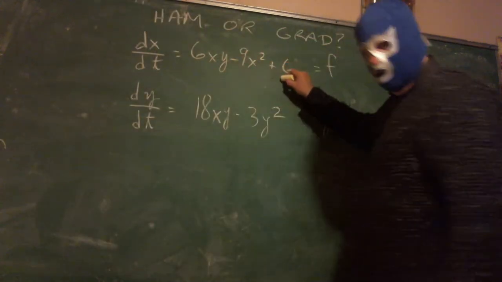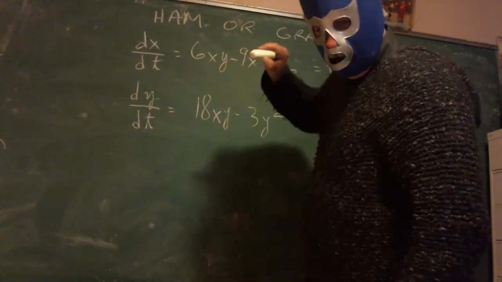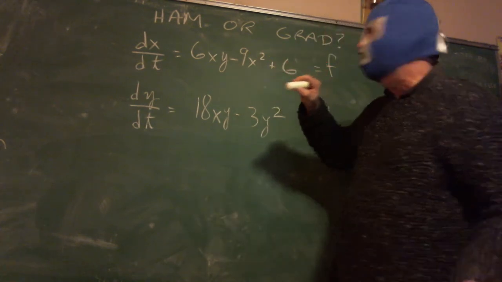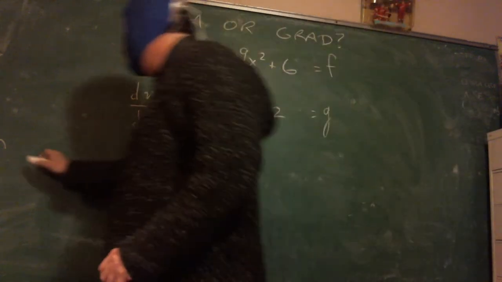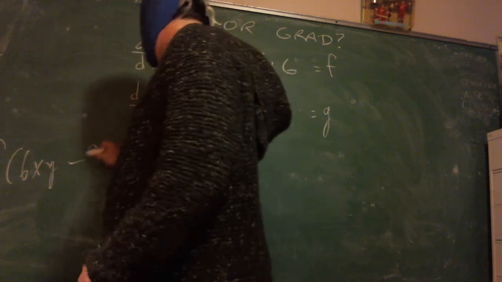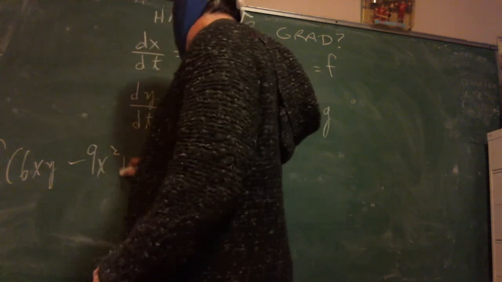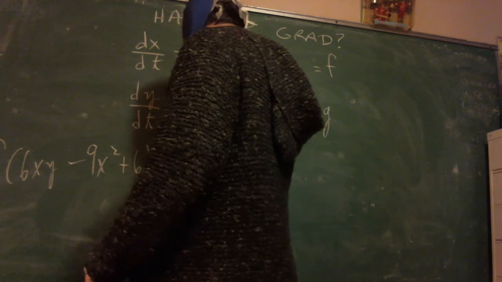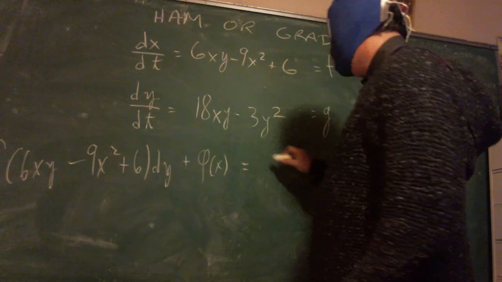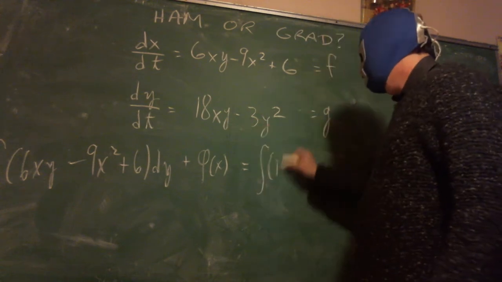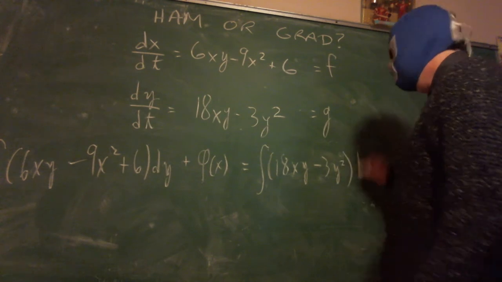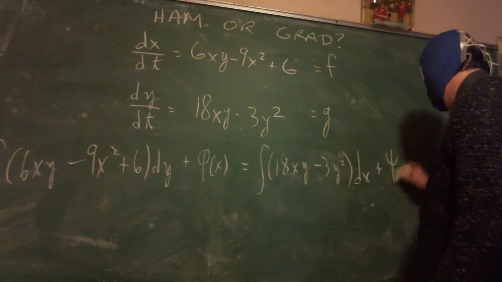So we're going to do two integrals. Since it's Hamiltonian, the first one's going to be dy. So it's this thing dy: 6xy minus 9x squared plus 6 dy, plus pure x. And that's supposed to be equal to the integral of this thing, 18xy minus 3y squared dx, plus any pure y stuff.